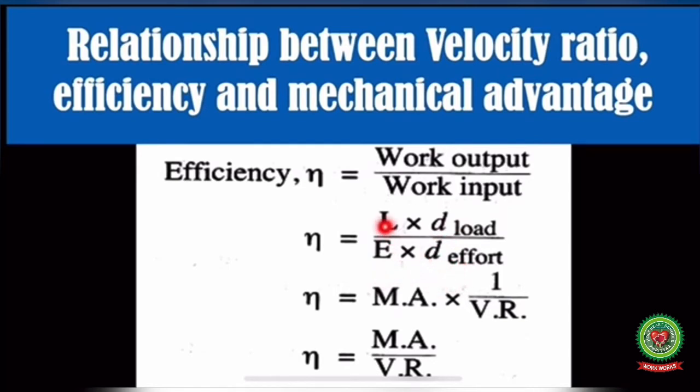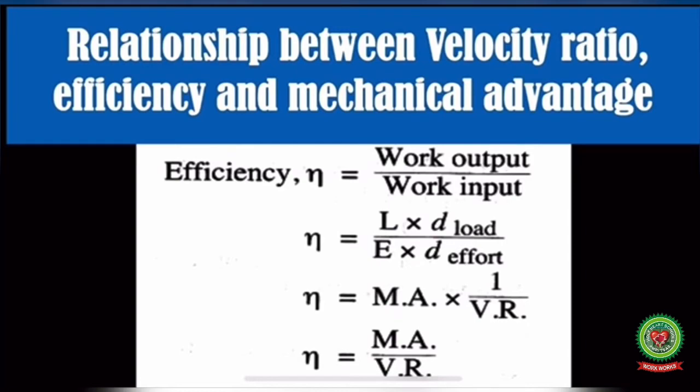Now, load upon effort is mechanical advantage. Displacement of effort to displacement of load is velocity ratio, but this is the reciprocal of velocity ratio, so we write the reciprocal of velocity ratio. So the relation between efficiency, mechanical advantage and velocity ratio becomes efficiency is equal to mechanical advantage over velocity ratio.